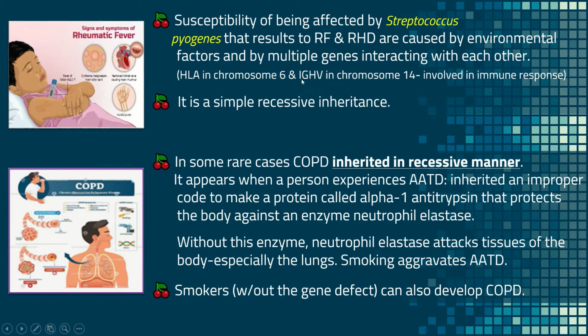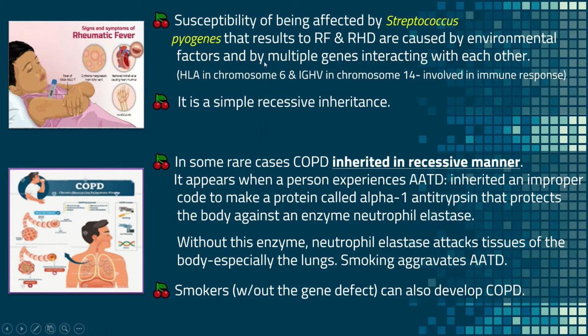And once there is overproduction of these cells, they can attack the valves of the heart. So to make this clear, though, Streptococcus pyogenes does not affect the heart, but Streptococcus pyogenes stimulates the body to produce these antibodies.